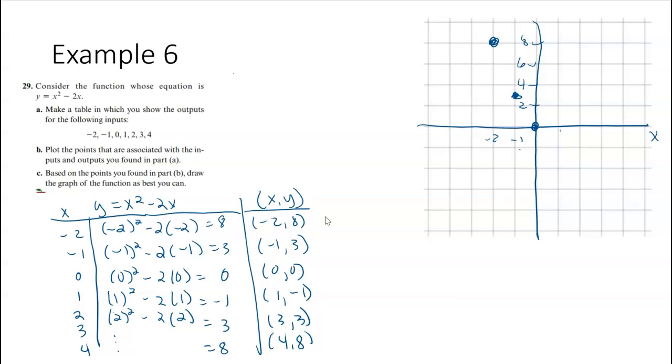Oops, that would be -2. 3, so that's 1, 2, 3. 3, 3. Oh, I'm missing one. Look at that. 2, 0. There we go. 2, 0. And 4, 8. And we get this nice mirror, and it will mirror around the vertex.